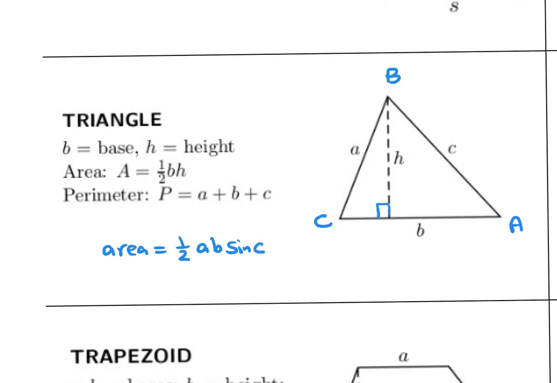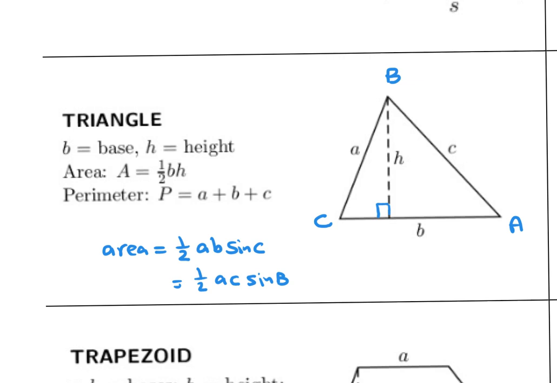In a similar way, if you have side a and side c and angle B in between, the area is half times a times c sine B.